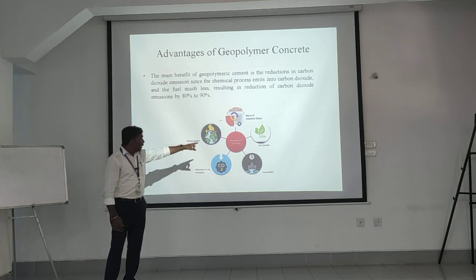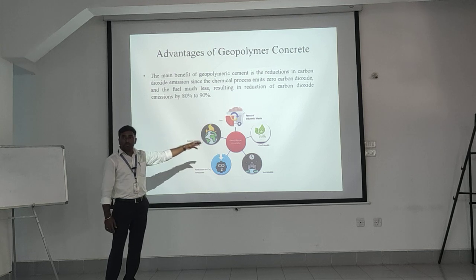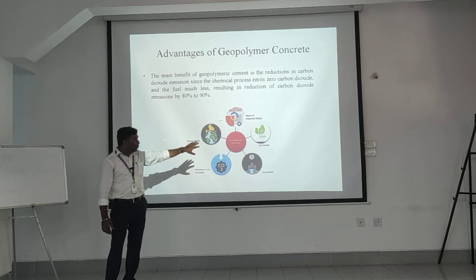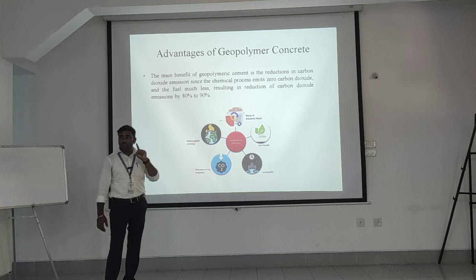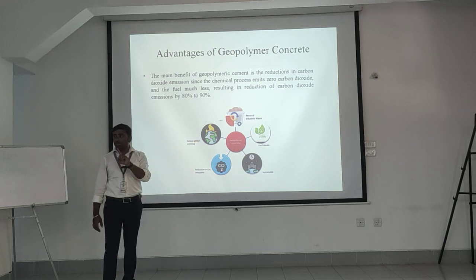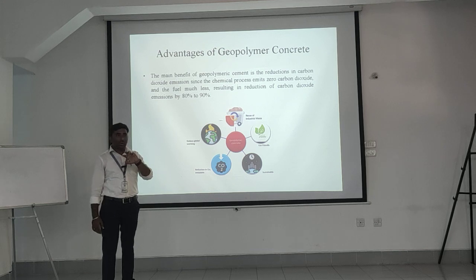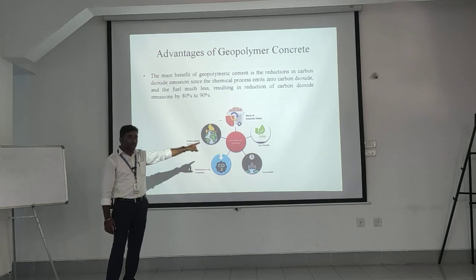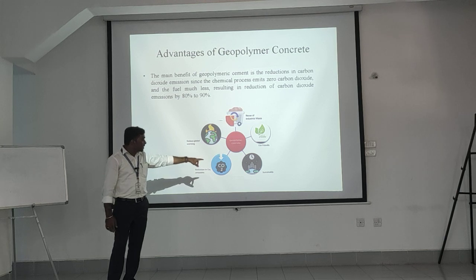Then eco-friendly. Eco-friendly means what? We are not using cement. I already told you that to manufacture 1 ton of cement, it emits 1 ton of CO2. That we are replacing, which means it is eco-friendly. Next, sustainable.